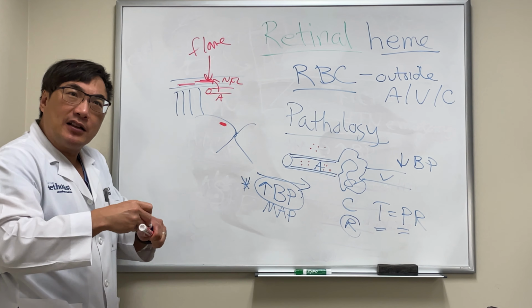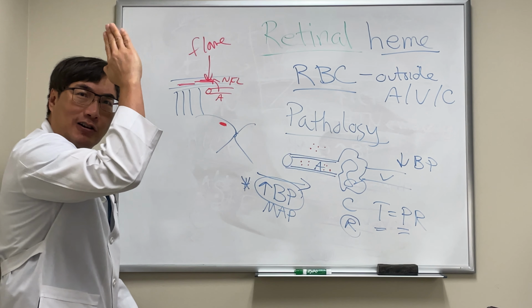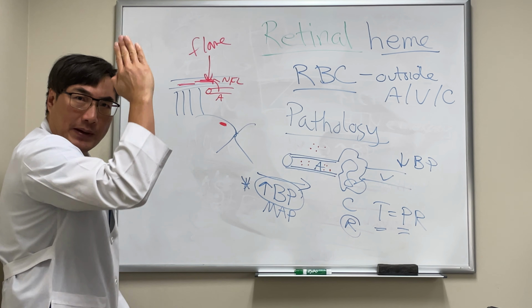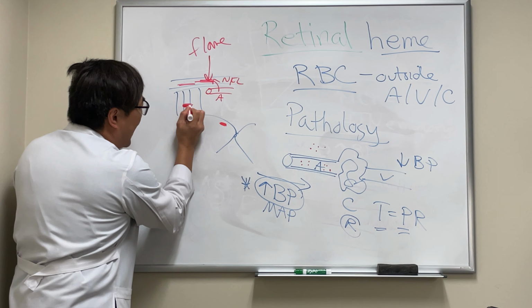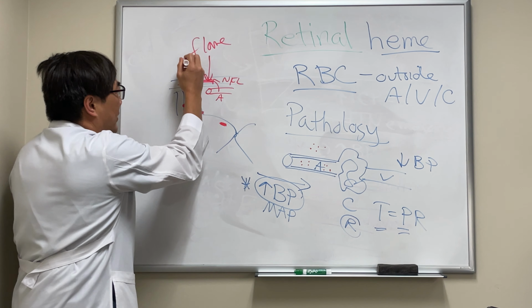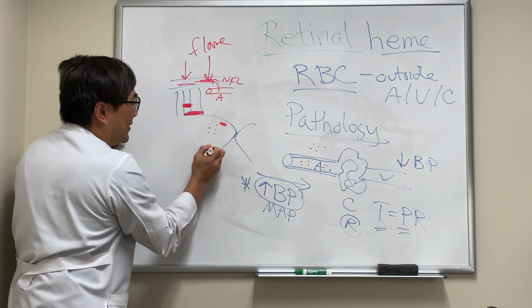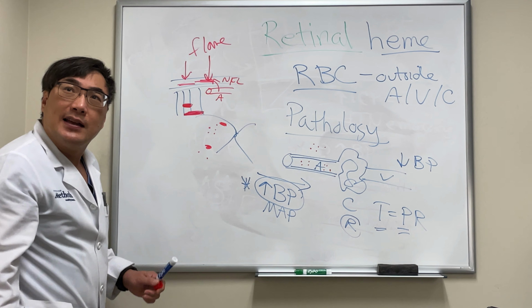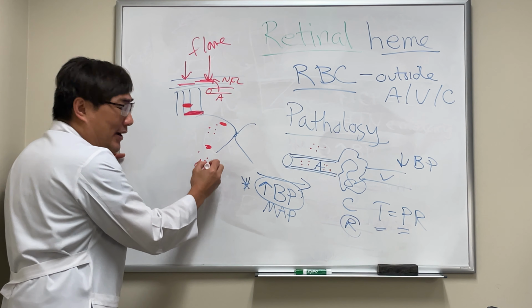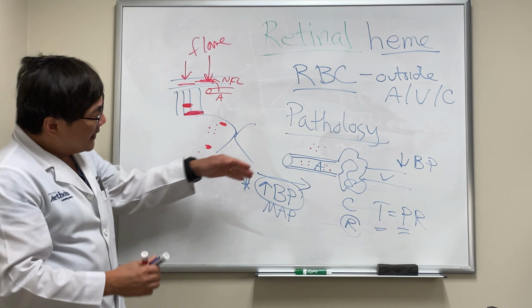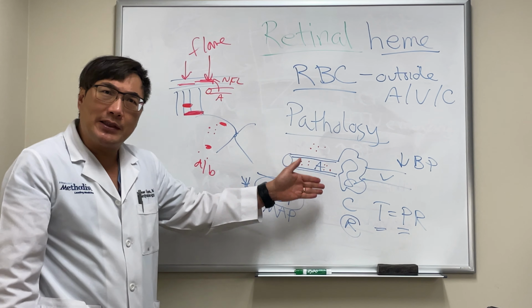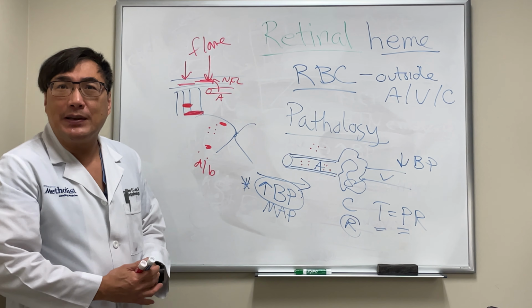And because the retinal photoreceptors and all the elements are aligned in a vertical manner, the hemorrhage appears to you as dots and blots. This dot and blot configuration is intraretinal hemorrhage, and the most common thing we see for that is diabetes.